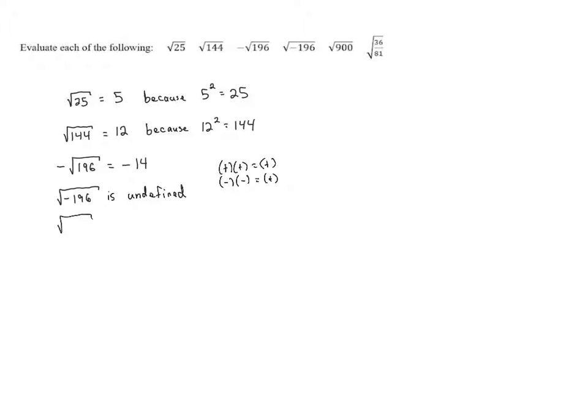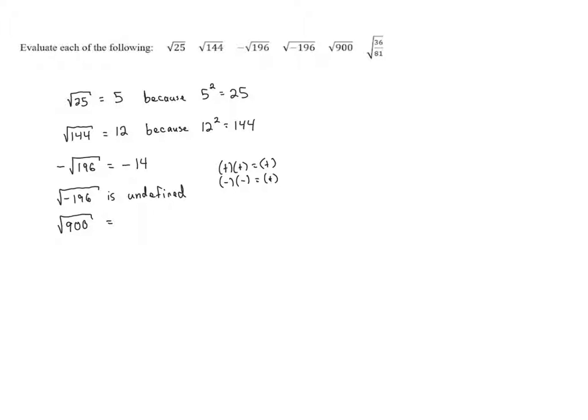We've got the square root of 900. We need to ask ourselves what we can multiply by itself to get 900. Now, 900 is much larger than 196, so we know we're going to have an answer that's much larger than 14. Some of you already know what the answer is. If you're really good at multiplication, you might know, but let's pretend that we don't.